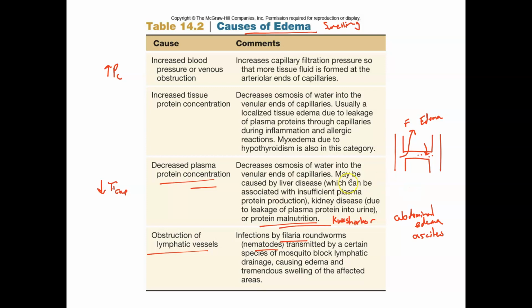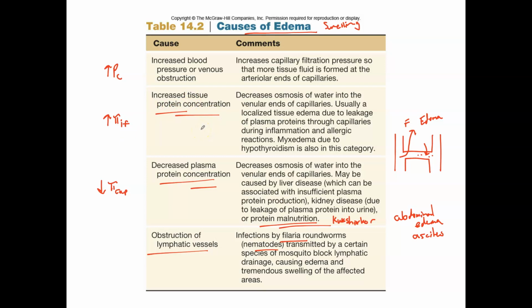And then lastly, an increase in your osmotic pressure in your interstitial fluid. So an increase in pi sub I, or we could even call it pi IF, interstitial fluid, okay? That is, increases in tissue protein concentrations.